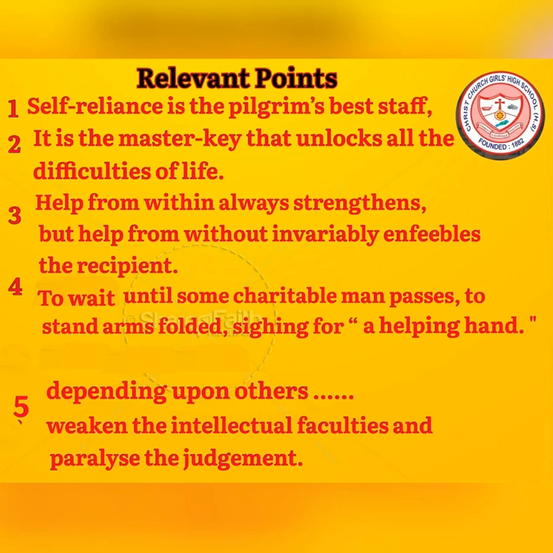Now, this is an incomplete phrase that I have picked up from the passage, and the last point, which is a continuation of the previous point, weaken the intellectual faculties and paralyze the judgment. So, girls, according to me, these are the relevant points that I have come across while going through the passage.